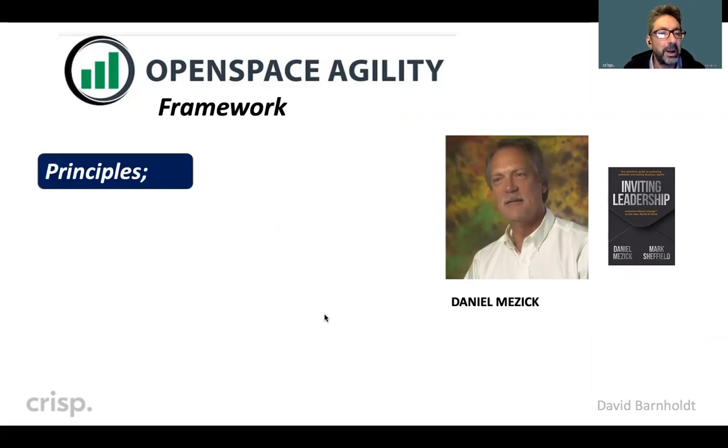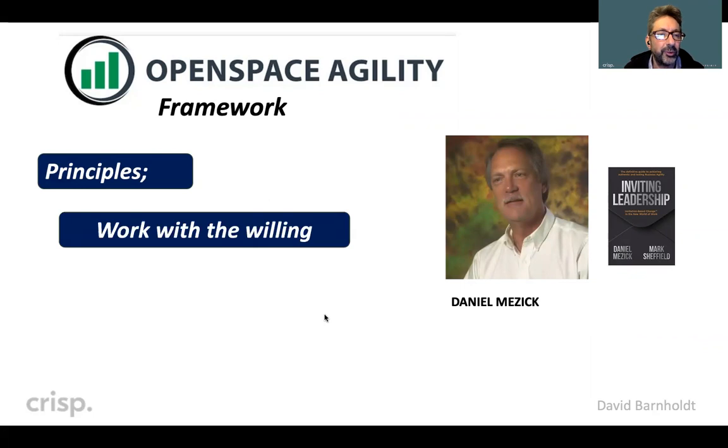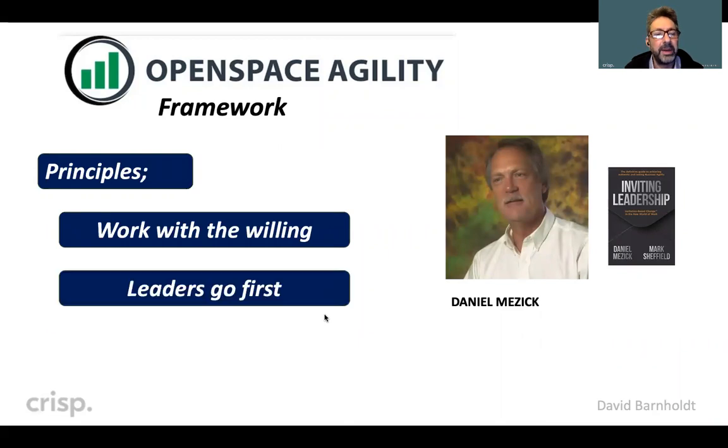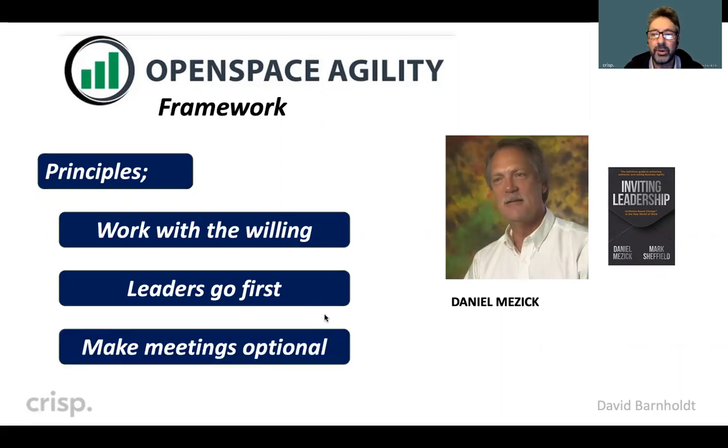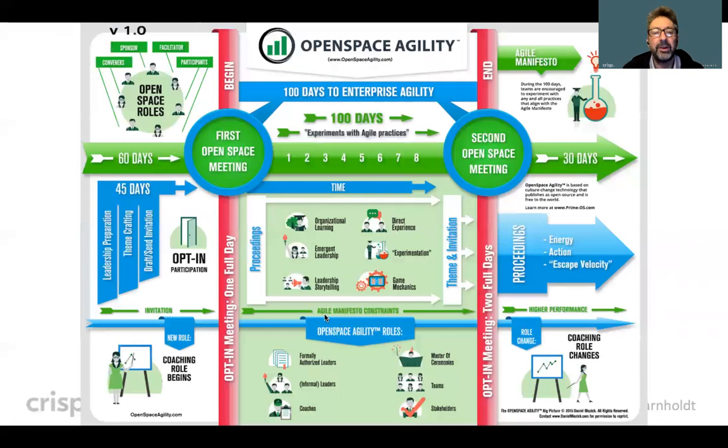To work with the willing, not trying to force anyone when transforming to agile. Have the leaders go first and make meetings optional. Of course, that connects very well with working with the willing. I'm not going to describe the framework here because it's very well described on the website Open Space Agility.